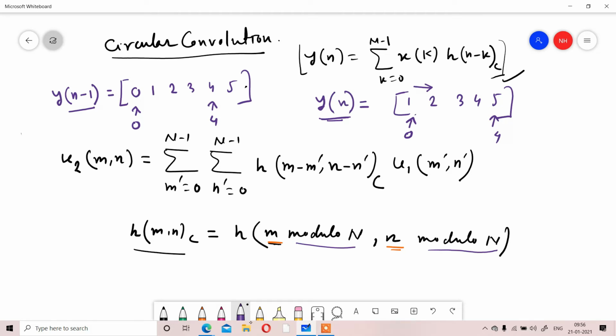But in case of circular convolution, what is happening? Whenever it is shifting towards the right, it goes back to the 0th position.